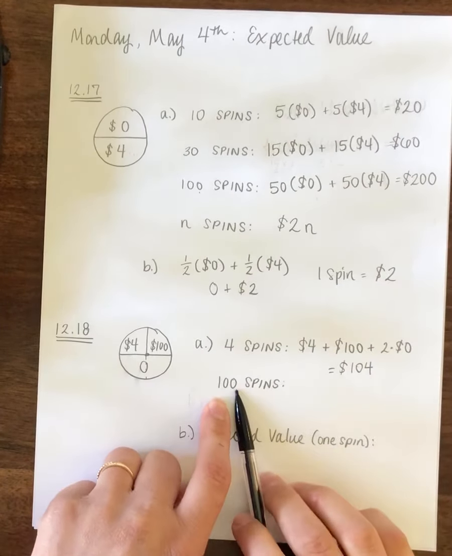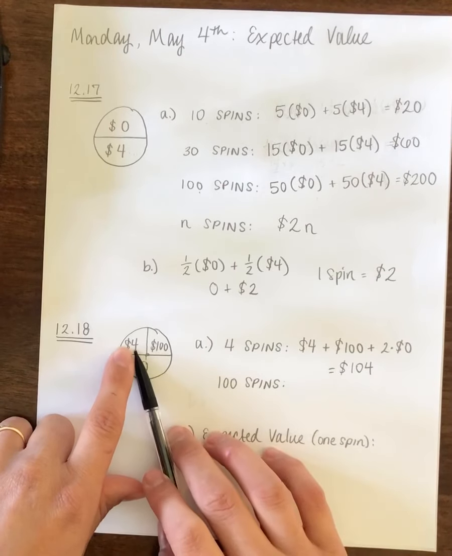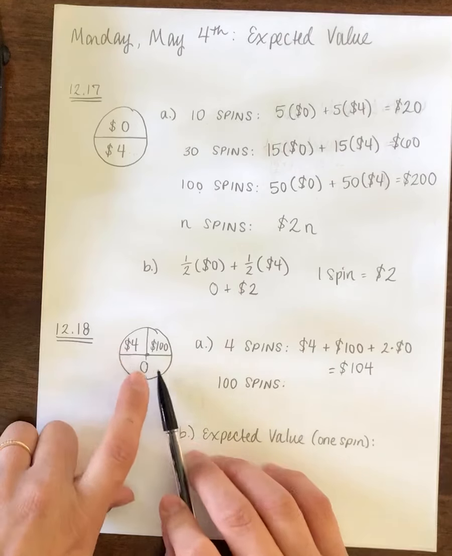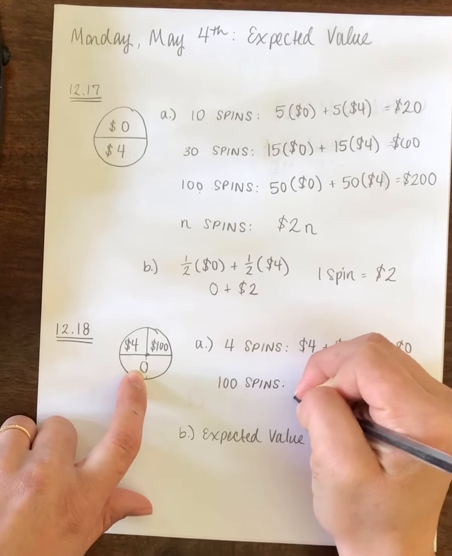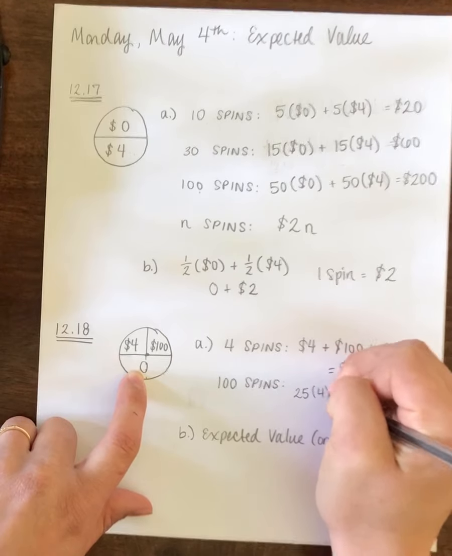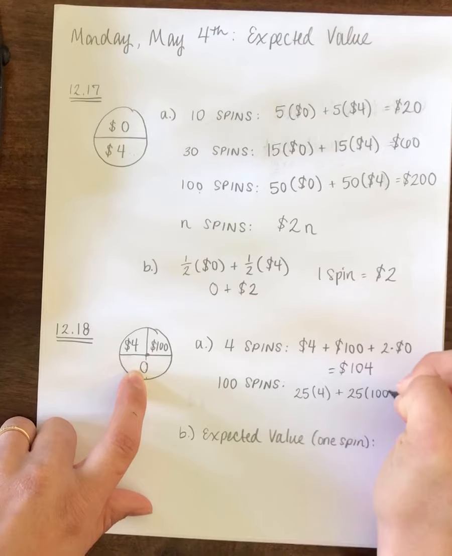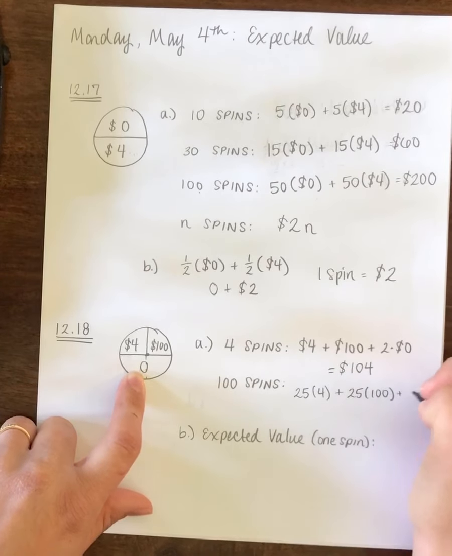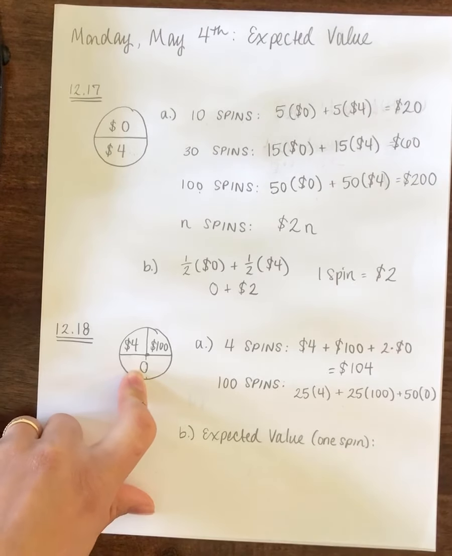Okay, for 100 spins, I could predict, based on the model, that 25 will land here, 25 will land here, and 50 will land here. So I have 25 of my spins landing on $4, 25 of my spins landing on $100, and 50 of my spins landing on $0.